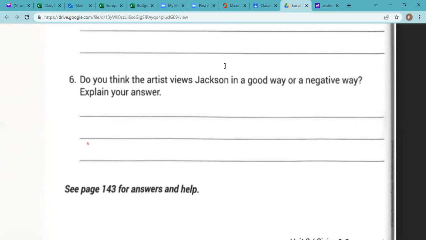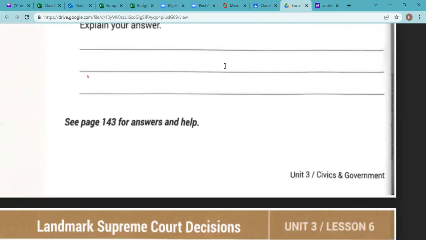All right. So when you want to look up your answers, scroll all the way down to page 143, and you will find your answers. And again, this is Unit 3, Lesson 5. So those are the answers that you're going to be looking for.